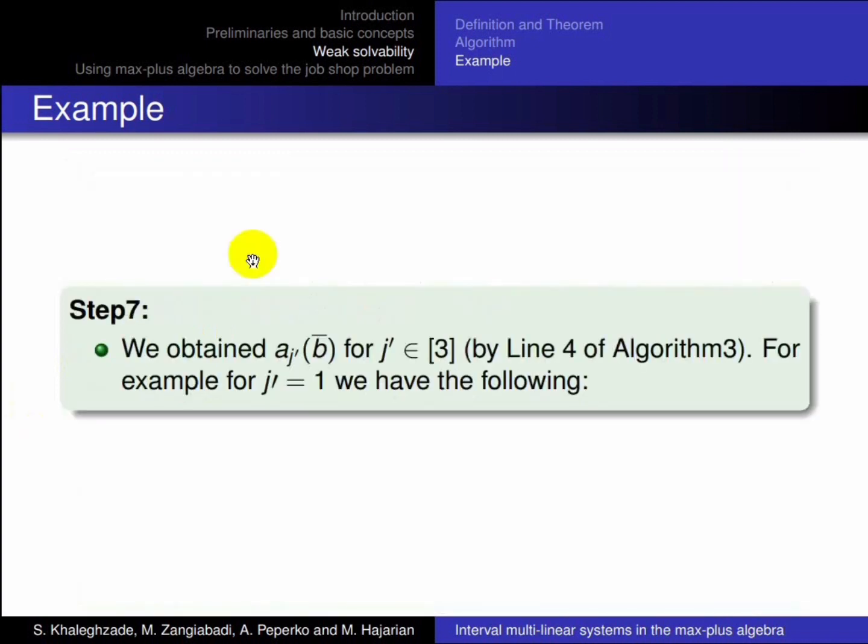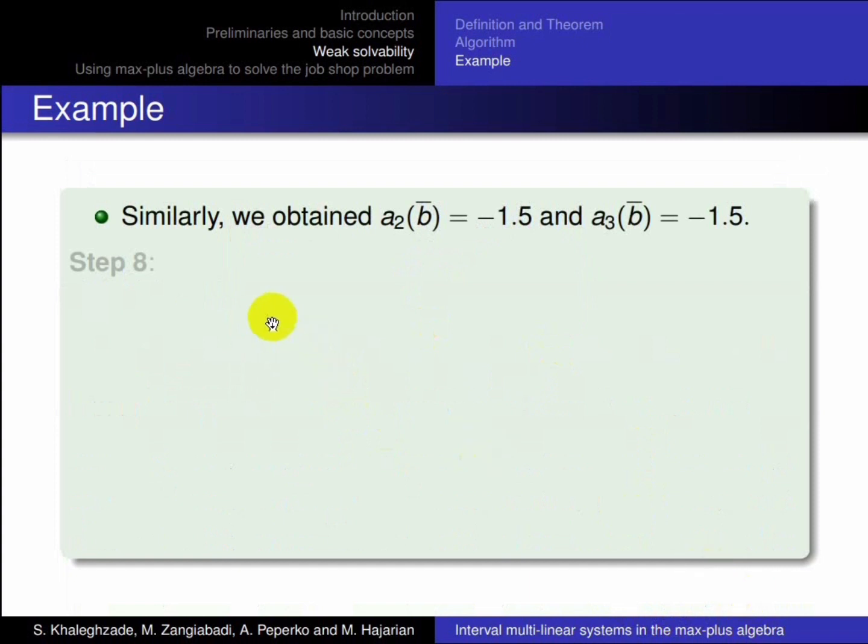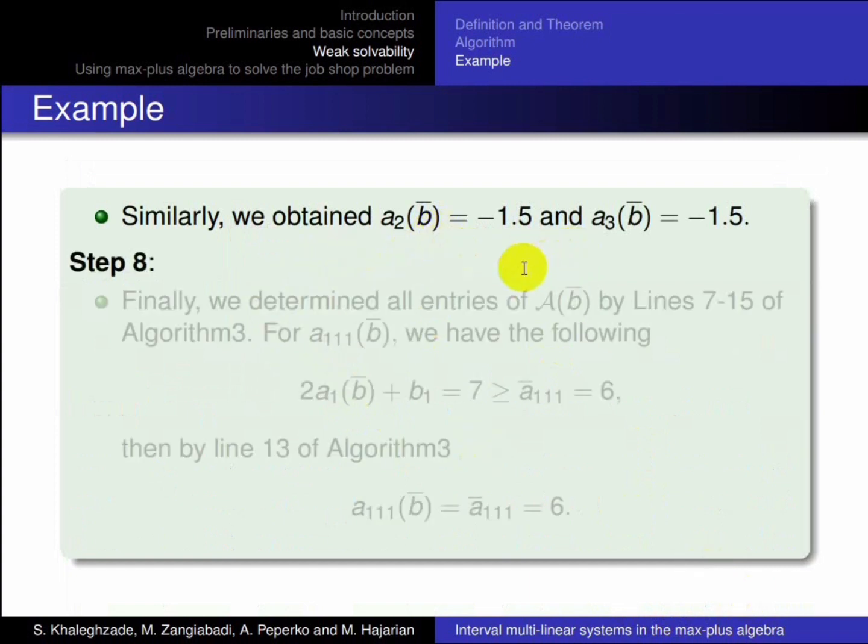Now by algorithm 3, we obtain Aj prime of B bar. So for example, for j prime equals 1, we have the following, and this amount equals this equation. Similarly, we obtain R2 of B bar and R3 of B bar.